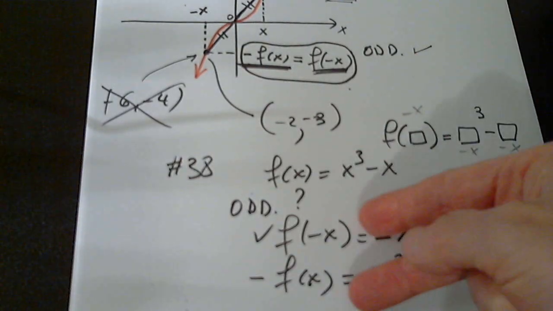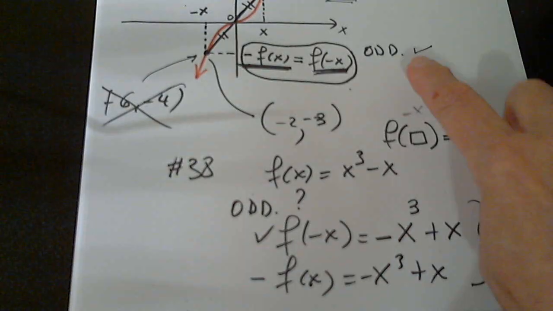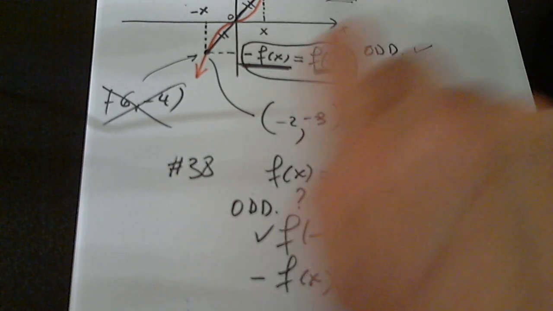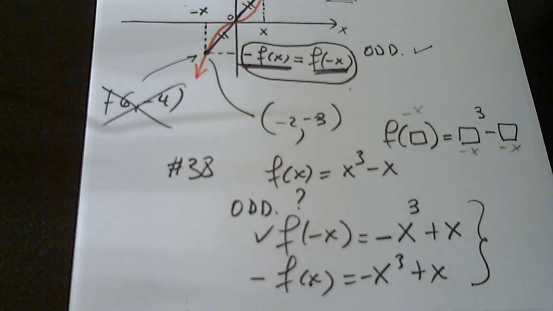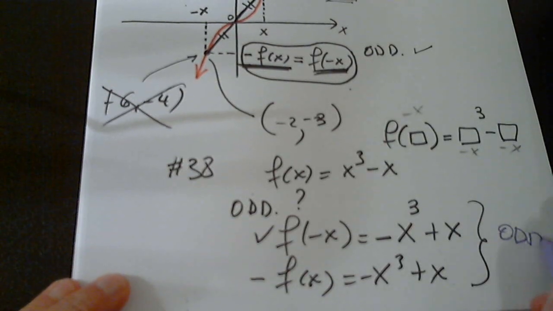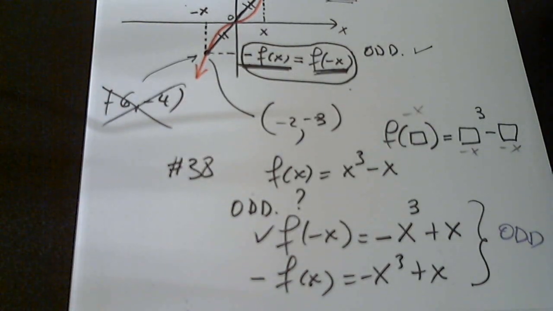If these two quantities are not equal, I'm going to say the function is not odd. So what is our conclusion for this example? It's odd. Yes, the function is odd. Of course, I chose one that is odd so I can illustrate.